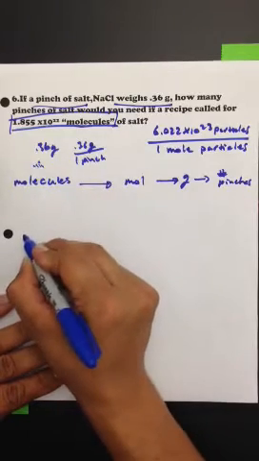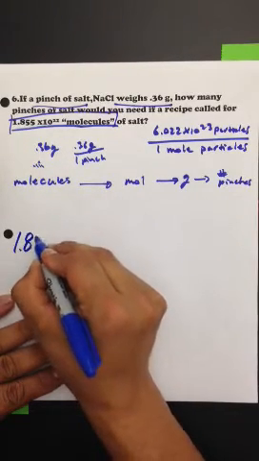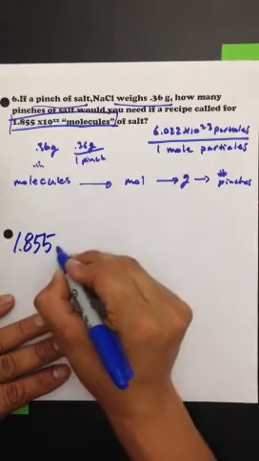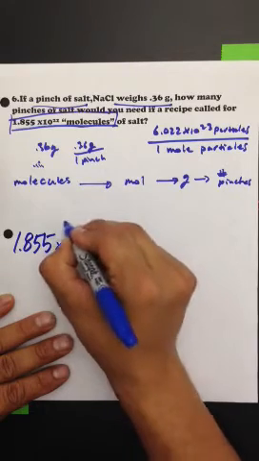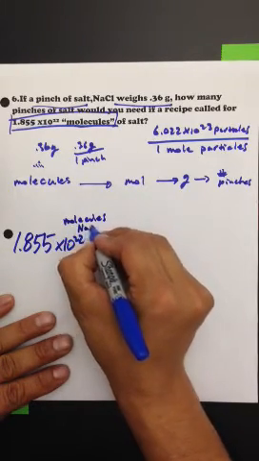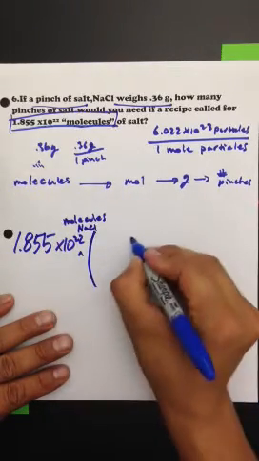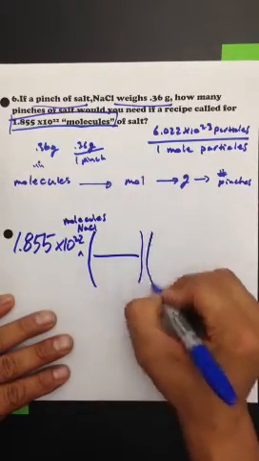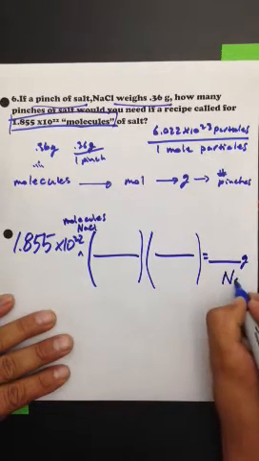All right, so let's get started here. 1.855 times 10 to the 22nd molecules of NaCl. I'm going to put a caret on here. Okay, so we've got to go molecules to moles, and then moles to grams of NaCl.